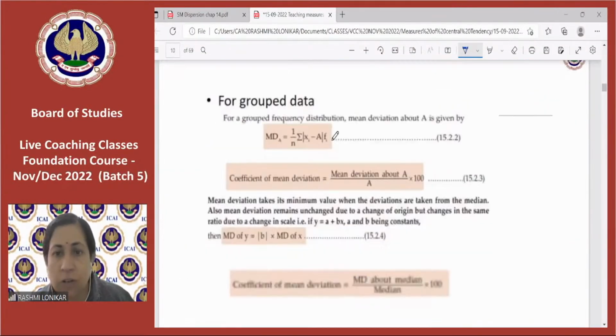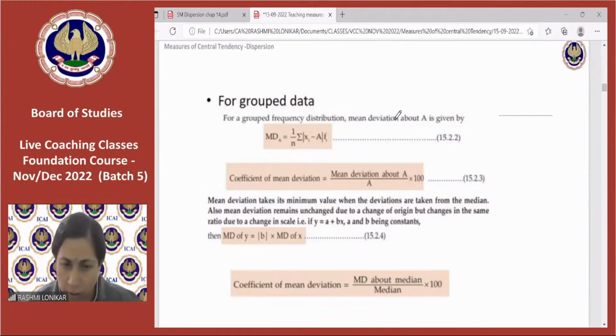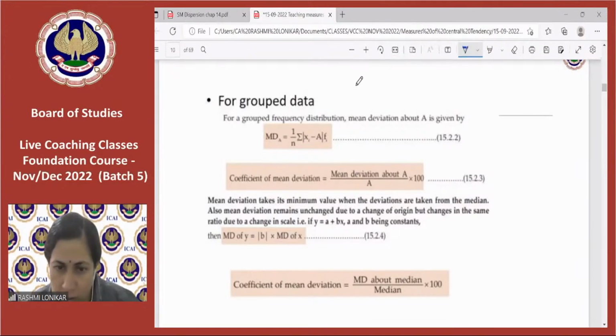Now what happens when I have group data? For a group data, the frequency distribution can be given as this. Or even for discrete data, whenever frequency is given to you, mean deviation about the mean will be equal to 1 upon n summation of x minus x bar into f.